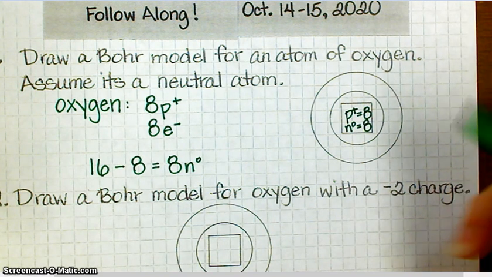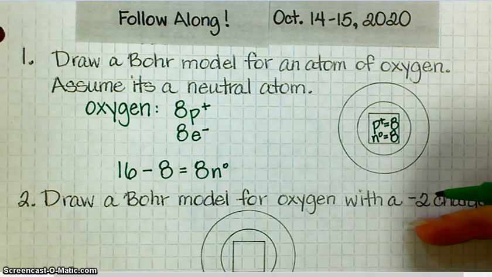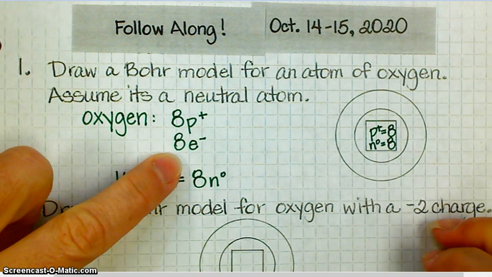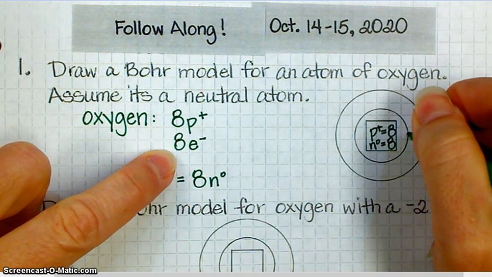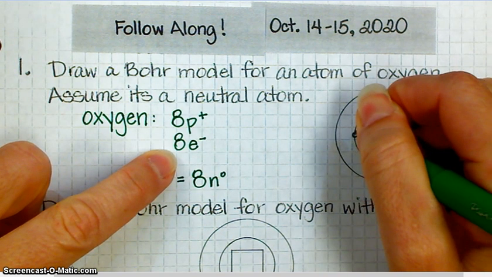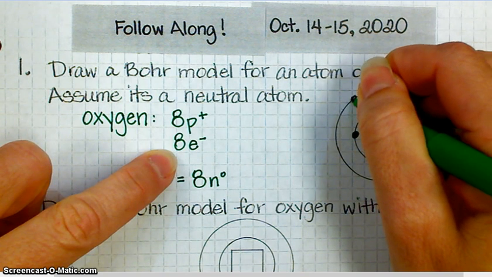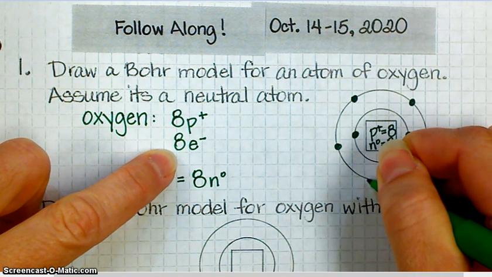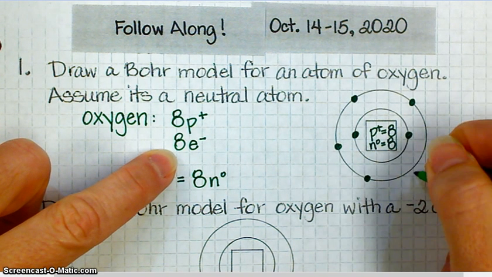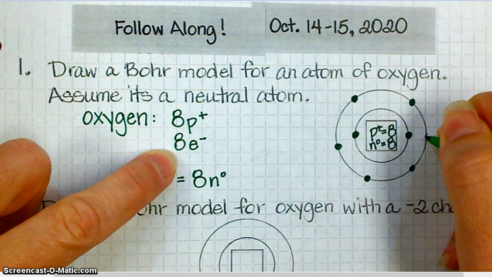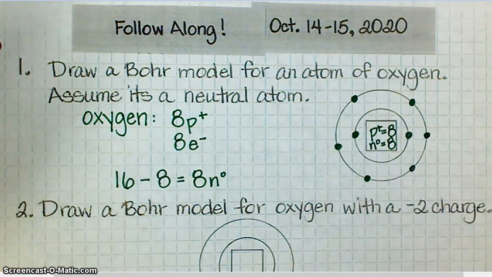And then the rings are where we place our electrons. So we've got a total of 8 electrons. I can put 2 electrons in the first energy level, and then the other 6 electrons are going to go 1, 2, 3, 4, 5, 6 on the second ring.